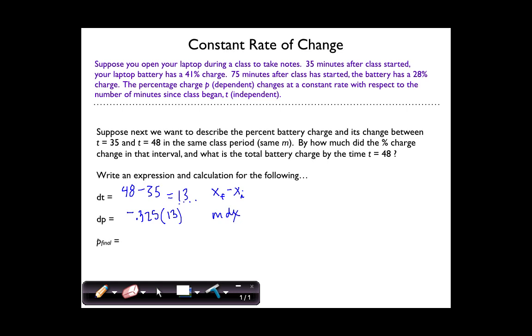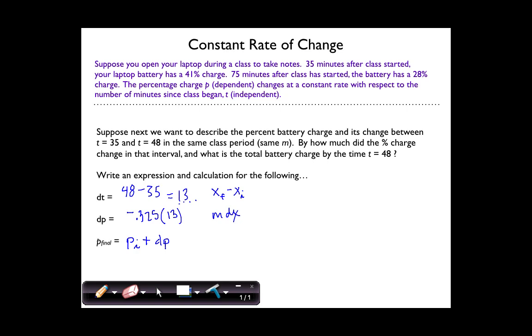I want to talk about p initial, the percent charge at some point in time, plus how much we've changed away from that point. We just worked out between 35 and 48 over that 13-minute period. It decreases by, like any 13-minute period, 0.325% per minute for every minute.